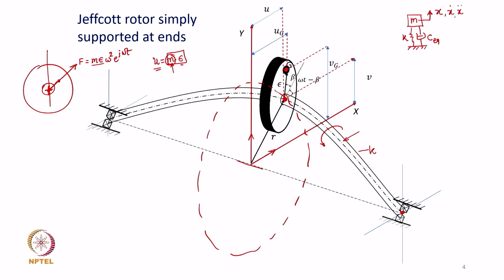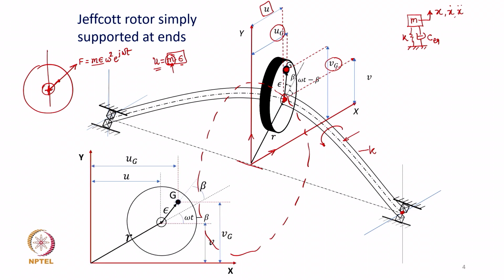So, suppose you find out what is the displacement and acceleration at this g position, the mass center position. The position vector is represented by ug and vg in the two directions that we have assumed, x and y, the two orthogonal horizontal and vertical axes. So, the position of the mass center is given by ug and vg, whereas u and v is the position of the disk center, not the mass center.